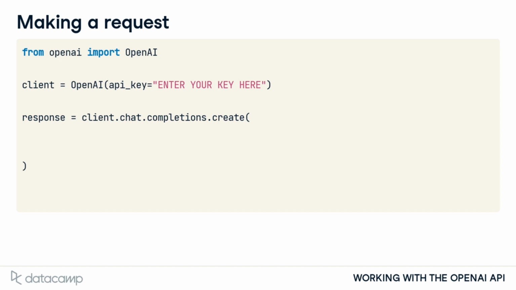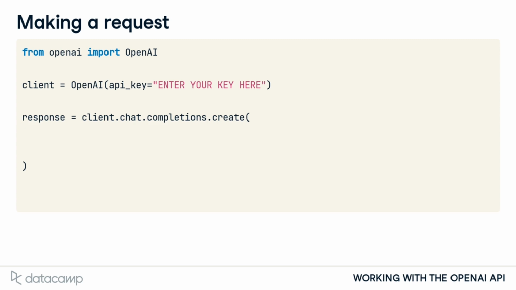Now for the request code. We'll start by creating a request to the chat completions endpoint by calling the create method on client.chat.completions. The chat completions endpoint is used to send a series of messages representing a conversation to a model, which returns a response.